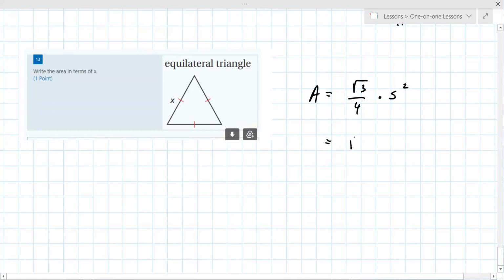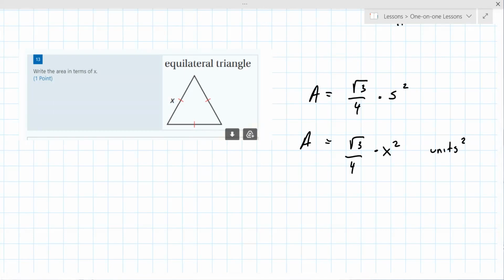And in your case, it's square root of 3 over 4 times x squared. We don't know the units, so it's units squared as your answer for this one. That's it. It just wants the area in terms of x, meaning x is in your answer.